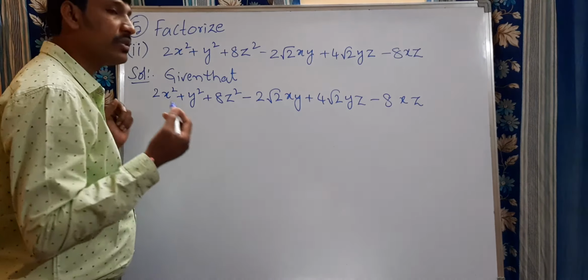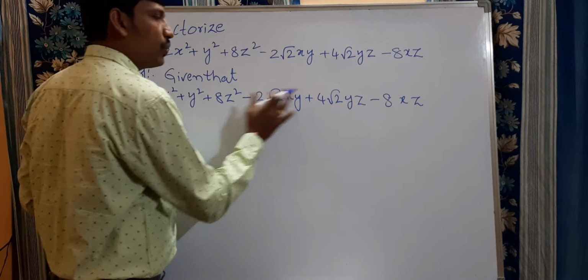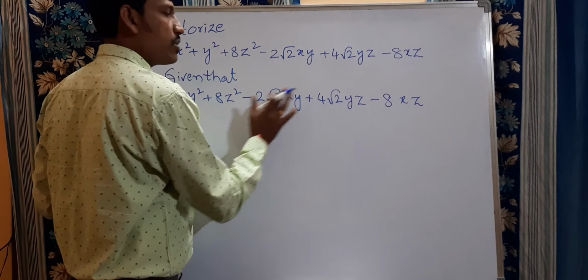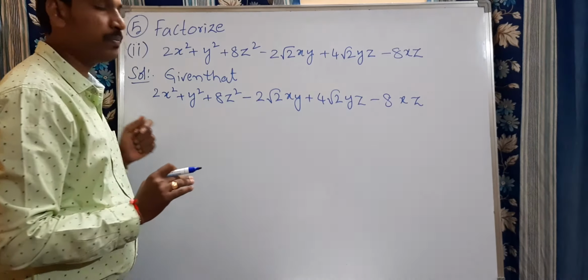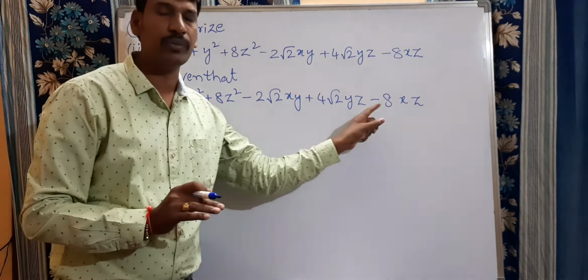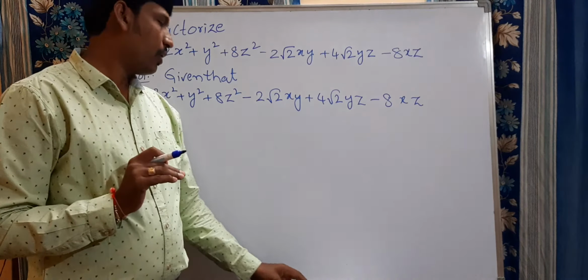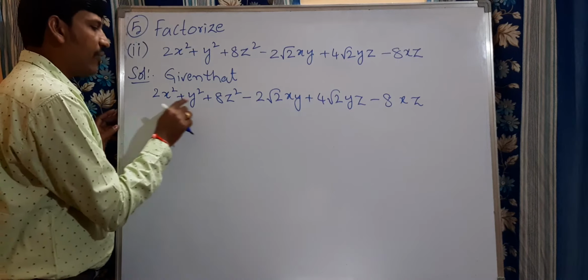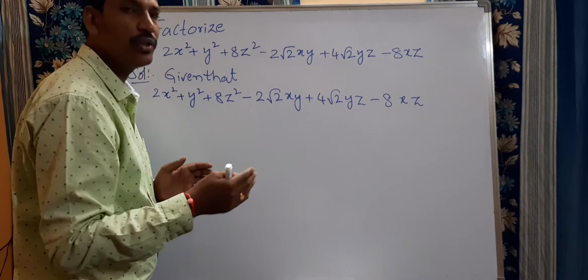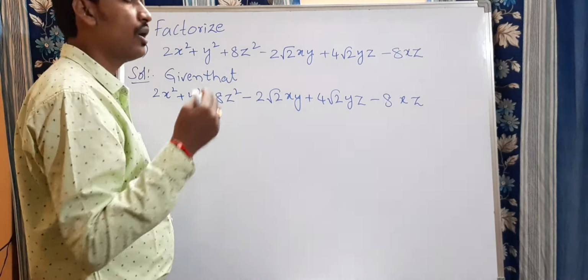Now here, which term will be negative? Because we got two terms that are negative. In these two terms, which is the common term? X is the common term. So the x term must be negative. So now we are going to simplify each and every term in such a way that you should get x plus y plus z whole square.